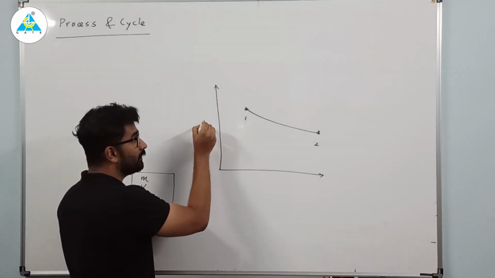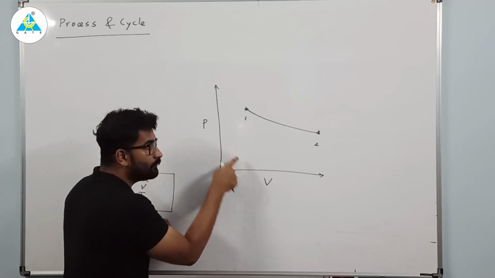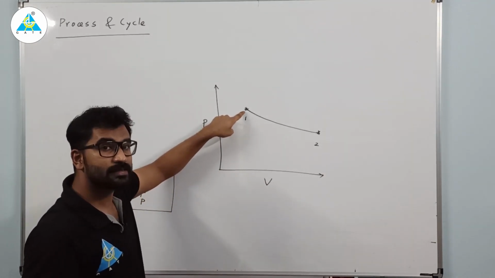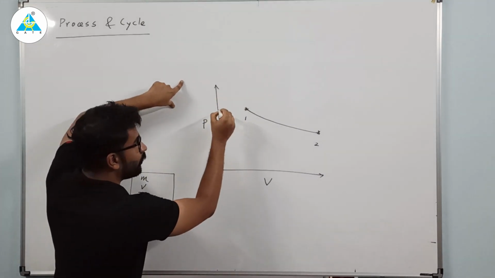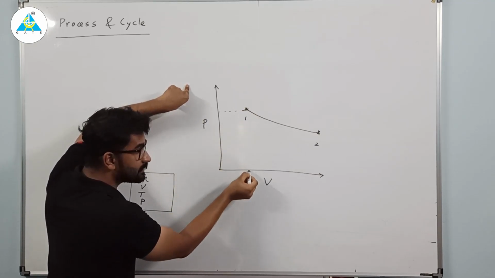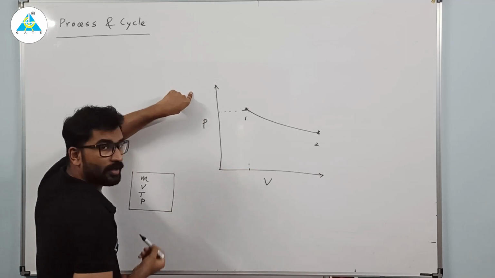Clear? That will be a new equilibrium state. If here I have drawn P and I have drawn V, this will become now what? It is a pressure volume diagram. So at the first state, this will be the value of pressure. First state, what will be the value of volume? This will be the value of volume.